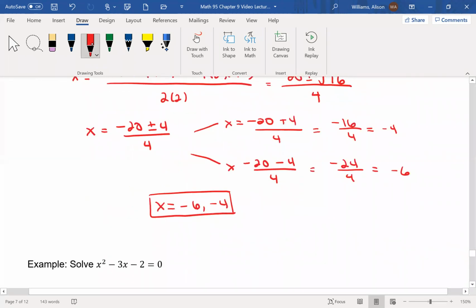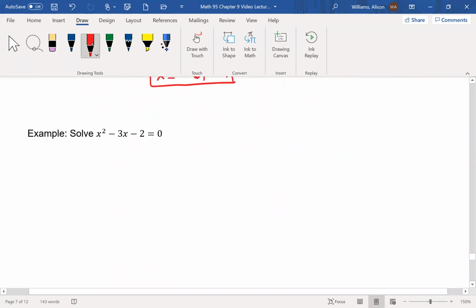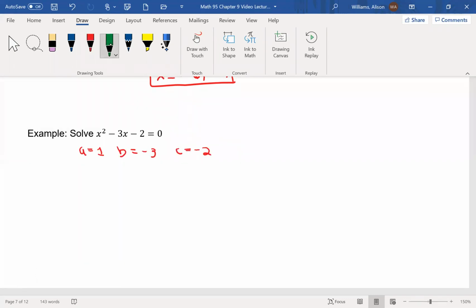All right, let's try it again. This time, A is 1, B is negative 3, and C is negative 2. So let's plug that into our quadratic formula, which I'm going to take a moment and rewrite so that hopefully you do that as well and memorize it.